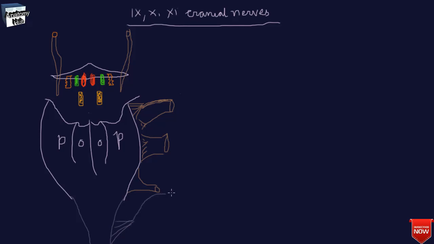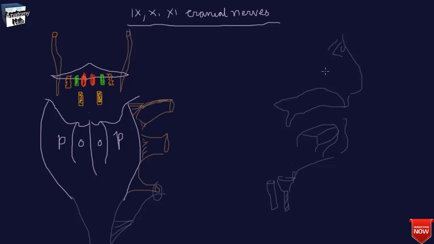Now here we will draw your head and neck area. Here you will find the hard palate, the soft palate and the uvula, and here the tongue. Below at this point you will find the larynx and the trachea, and behind it the esophagus.